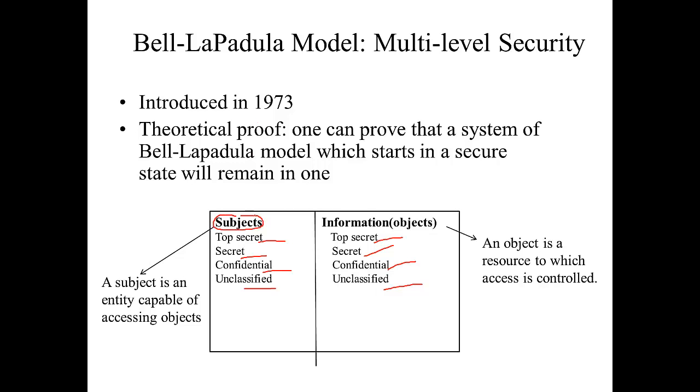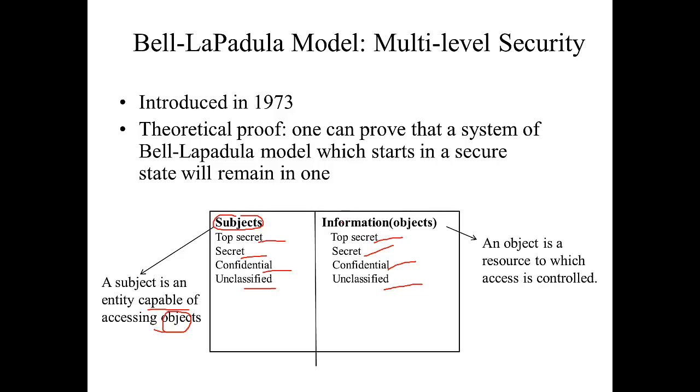We don't use users or persons, because a subject could be a person, but also could be a piece of program. So we just use the term subject here. We define a subject as an entity capable of accessing objects.